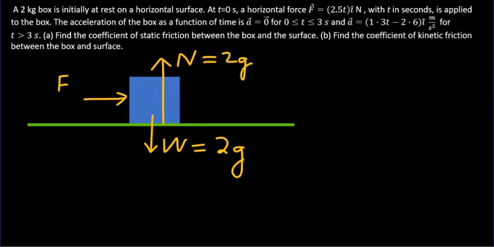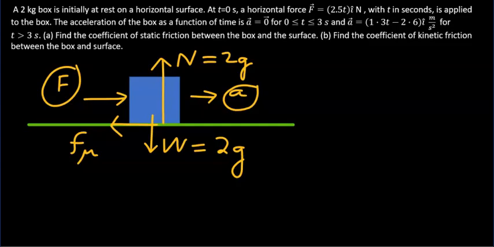And one final force is the frictional force that acts opposite to that force. Let's label that as F sub mu. Now this friction, F sub mu, could be static friction or kinetic friction, depending on whether the box is moving or not. As a result of all these forces, one could also generally label acceleration like that. We again note that this capital F and acceleration are functions of time.